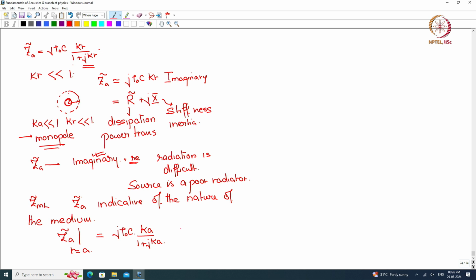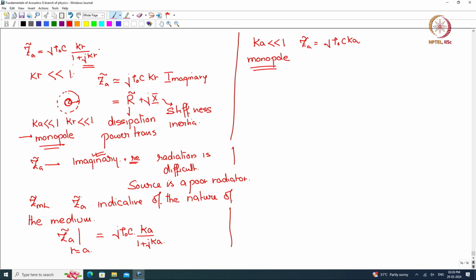Now if Ka is small, then my Z A is imaginary. If Ka is small, it is a monopole.